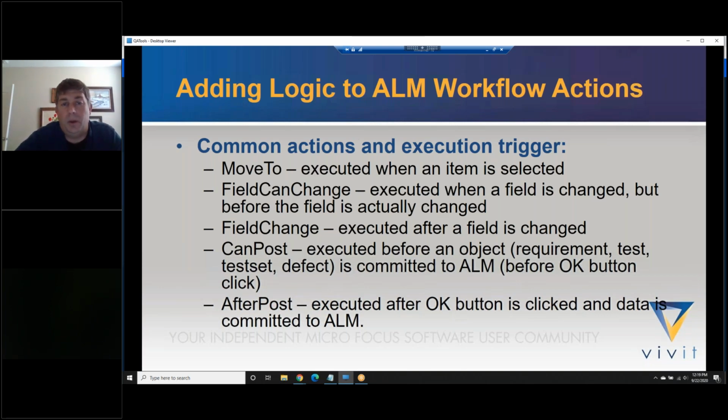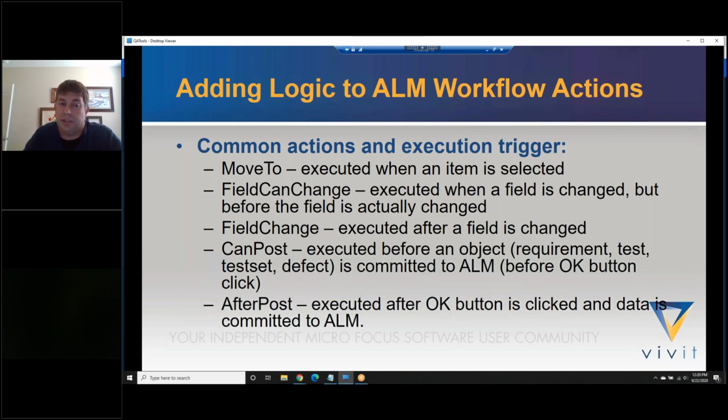Now, once you're on one of those, an element like a requirement, there's a field can change. This is executed when you change a field, but it's actually executed before the field actually gets changed. I know it sounds weird. What happens is, if I go into a field and type my text, right when I click out of it, when focus comes out of that event, before that data actually gets set, it basically says, okay, wait a second, before you finish changing this field, do you have the ability to change this field?